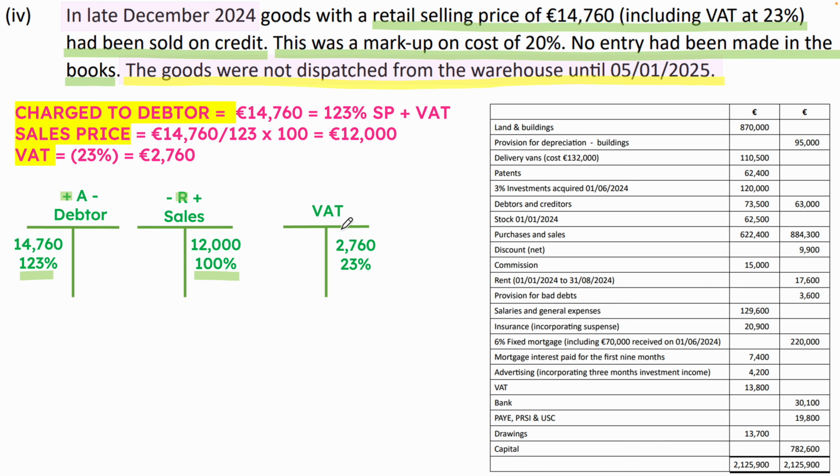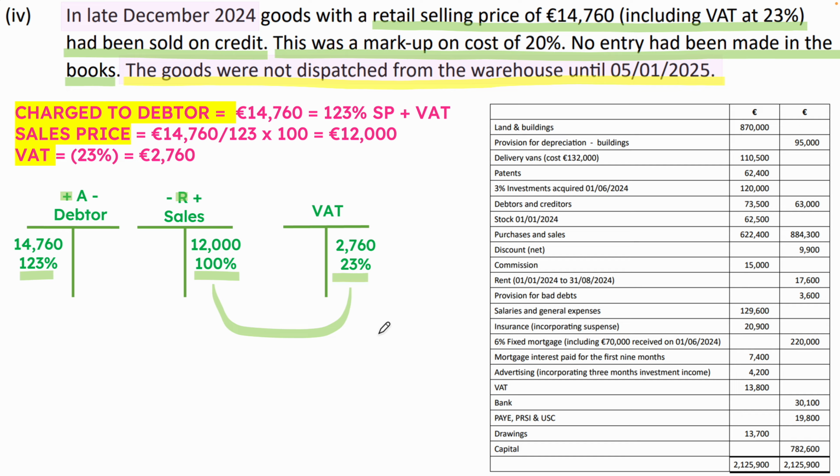And then the VAT account, okay, we are going to record the VAT on the same side as the item it is attached to. In this case, it is attached to sales. And so you can see now that we have 123% on the debit and the credit sides of the T accounts there.